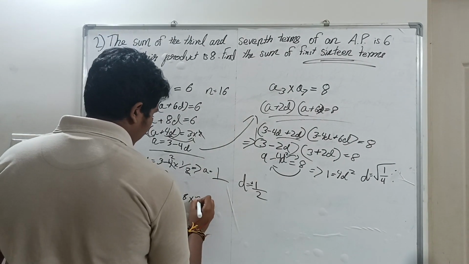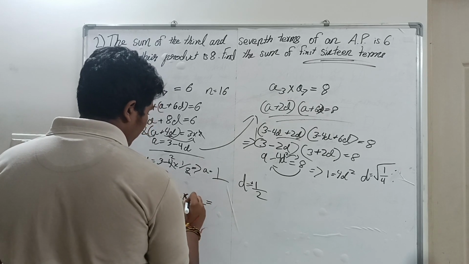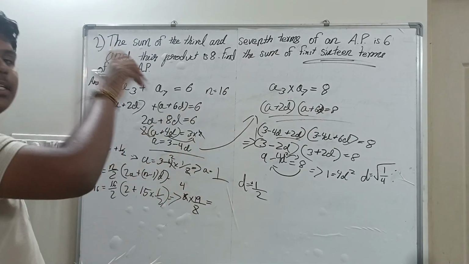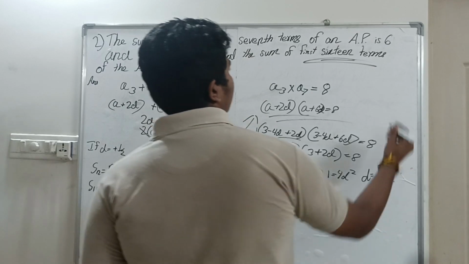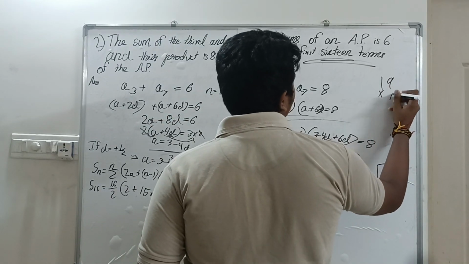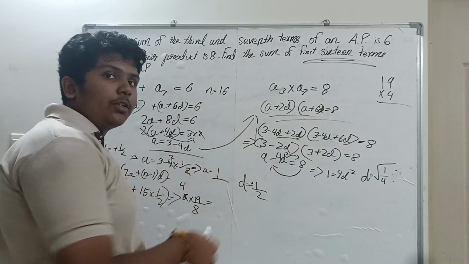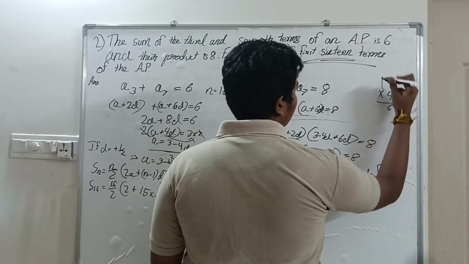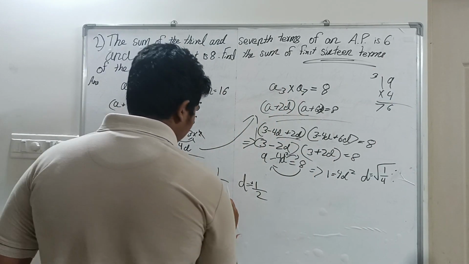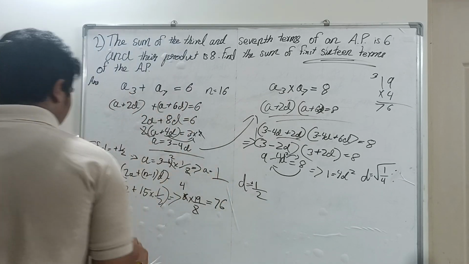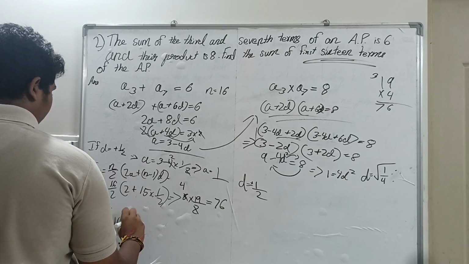So 19 by 2, which will be, here cut, you get 4. So what is 19 into 4? Let's try here. 19 into 4. What is it? So 9 4 is 36. 6, 3, 7. 4, 3, 7. So 76. Hence S16 here is 76.